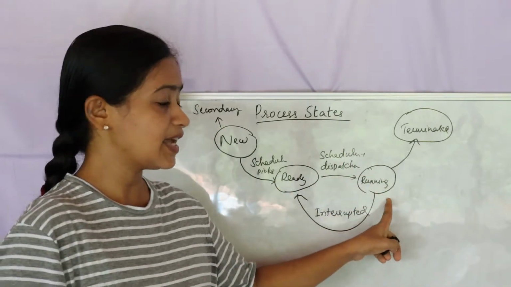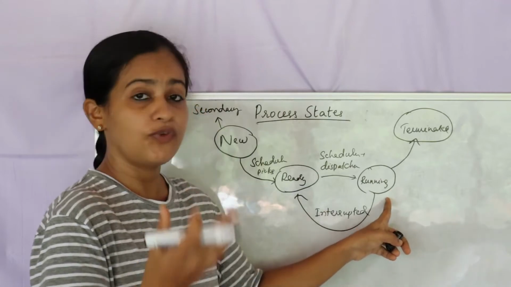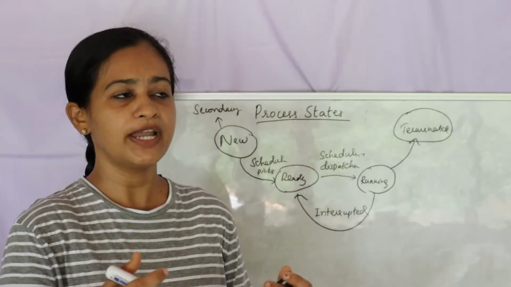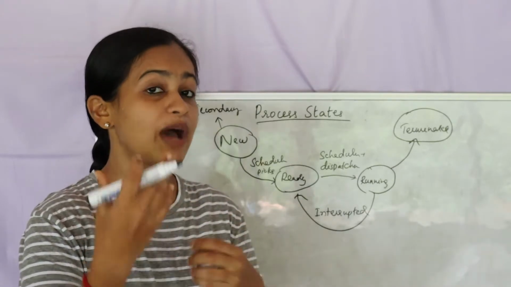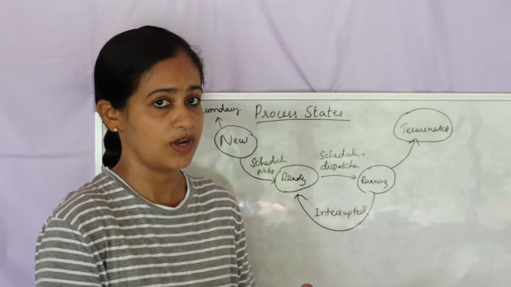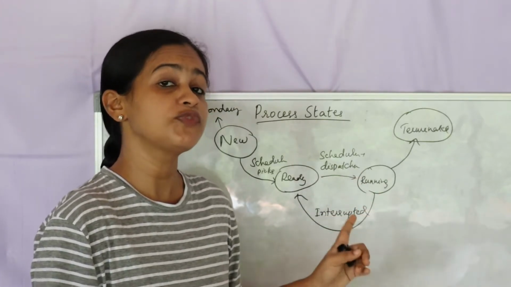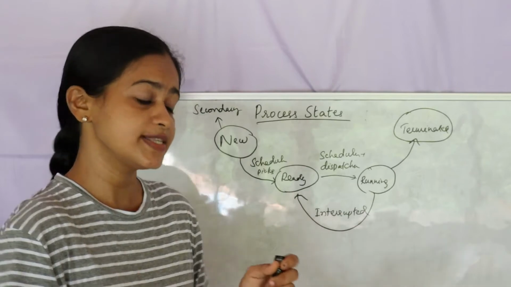It can also happen that a running process might have to wait for some input. It might need some input from another process, or it might need some IO device which is not available as of now. Then what happens? The running process goes into waiting state or blocked state.